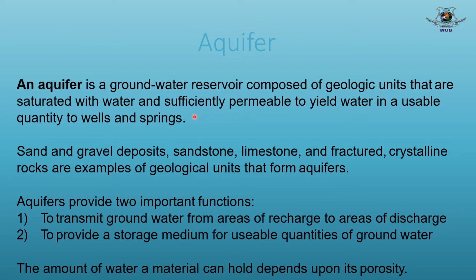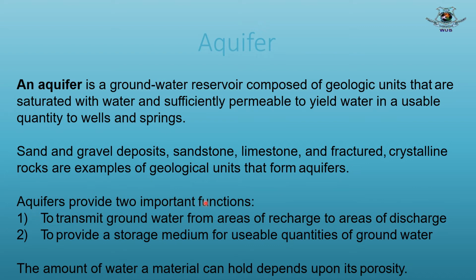So we can say an aquifer is a groundwater storage which can store water. Sand, gravel deposits, sandstone, limestone, and fractured crystalline rocks are examples of geological units that form aquifers. Generally, these units create a larger void space which can hold a good amount of water.